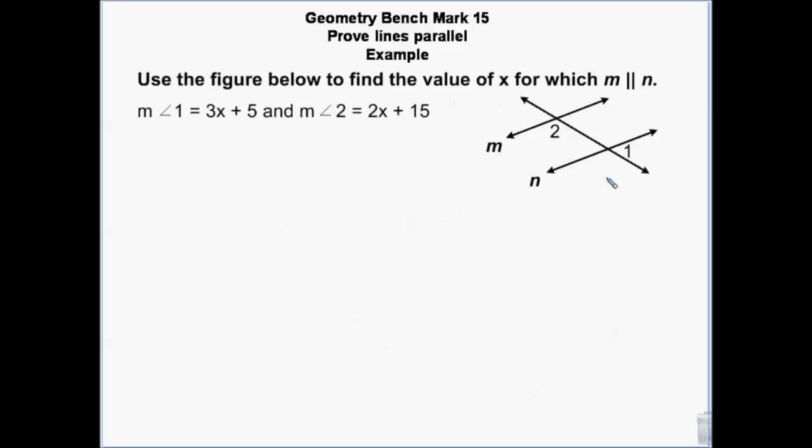These are just like the ones we were doing before, except instead of saying these lines are parallel, so let's find X, we're saying let's find X that will make these lines parallel. But it's the same math. I go through and I make my checkerboard. And I want to find the X that will make these parallel. That means 1 and 2 have to add up to 180 because they're two different colors.